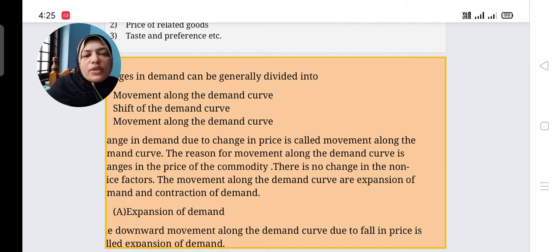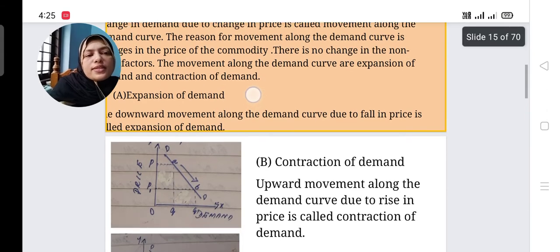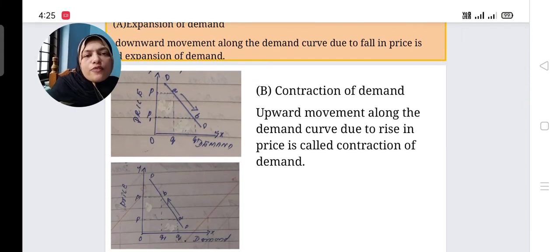Expansion of demand means the downward movement along the demand curve due to fall in price. This first figure is expansion of the demand. It is the downward movement from the first point to the next point.